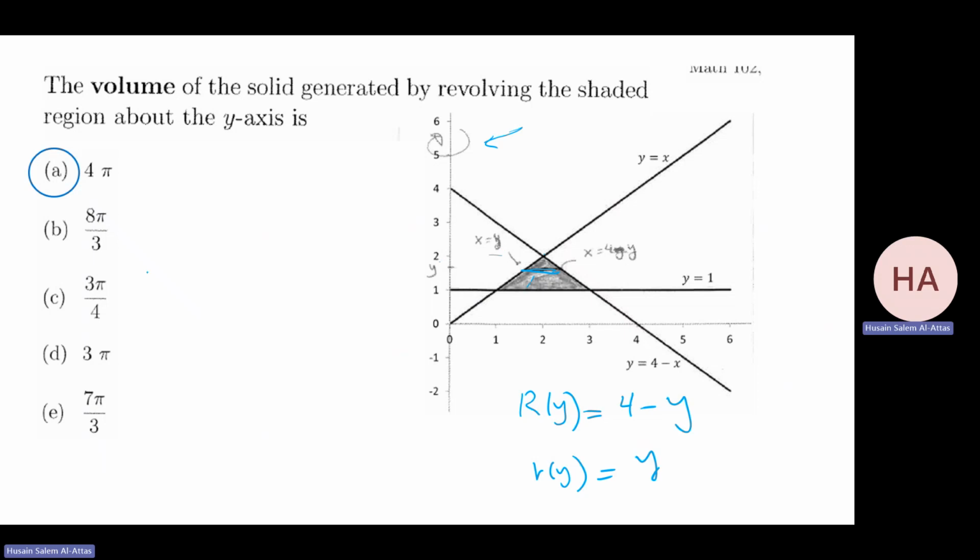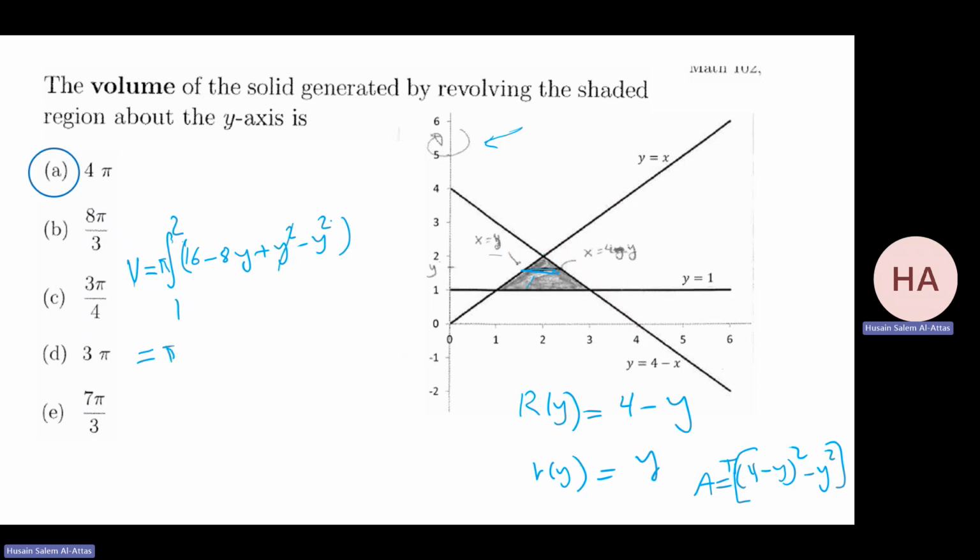So the volume should be the integral from 1 to 2 of what? What is the area? It will be pi times (4 minus y) squared minus y squared. That is, from 1 to 2, 16 minus 8y plus y squared minus y squared, times pi.